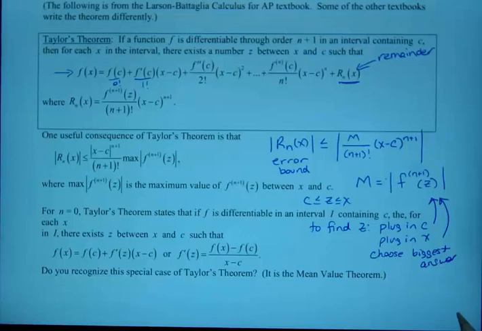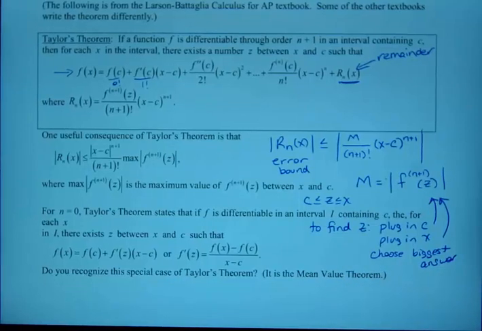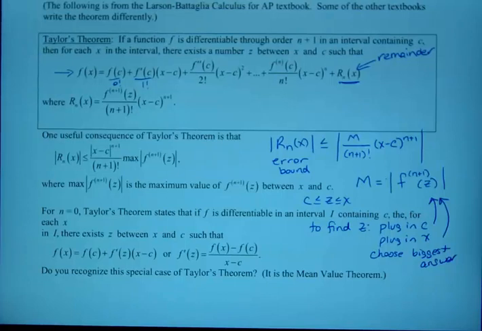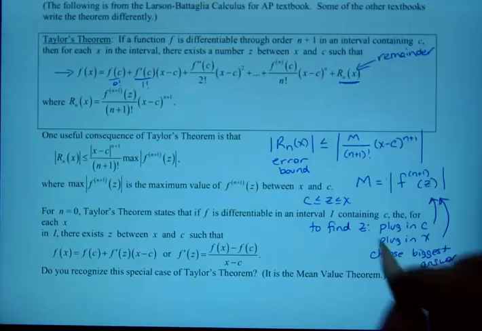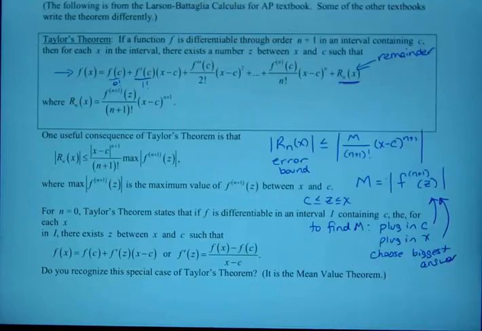I need to rephrase how I do this. You're not finding z with that, you're finding M. Okay, let me change that because it's really finding M. I just realized that. You plug in the c, you plug in the x, because it really doesn't matter what z is. We just care, we want the biggest number.